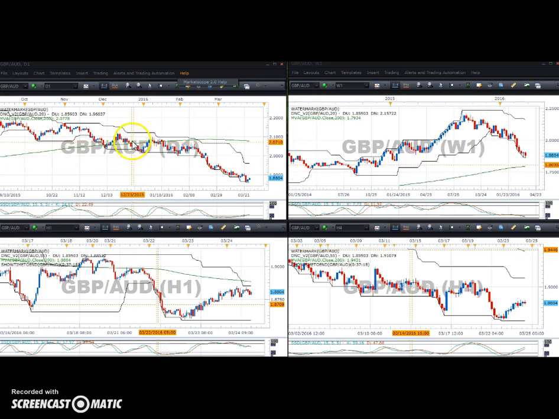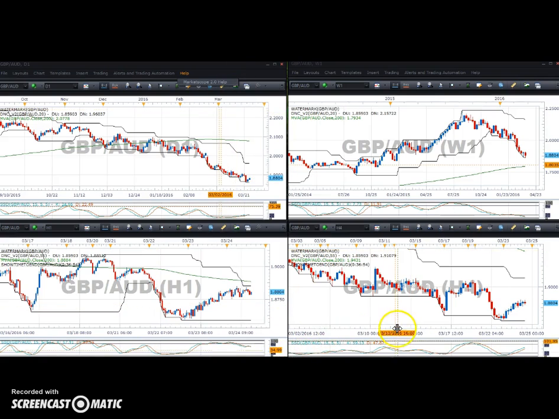Looking at the daily chart, we can see a similar type of scenario. Touched the upper Donchian channel and has continually taken out the lower Donchian channel, moving further and further down. So based on the two longest term charts that I have in my charting array here, we see the pair in a downtrend. Therefore, I only want to be looking for opportunities to short this particular pair.